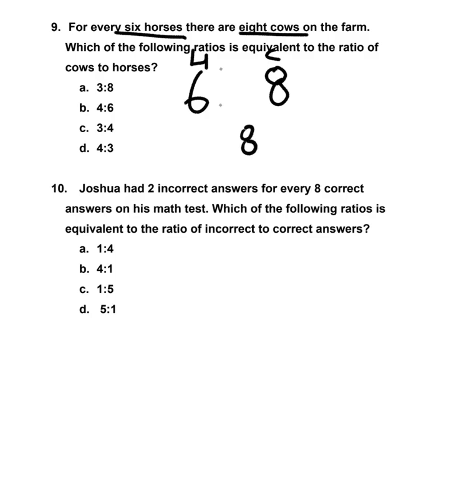So cows, right here, to horses, which is 6. We know that B is incorrect. We know that A is incorrect. C is incorrect. And then D is 4 to 3, which you just divide both sides by 2 to get 4 and 3.